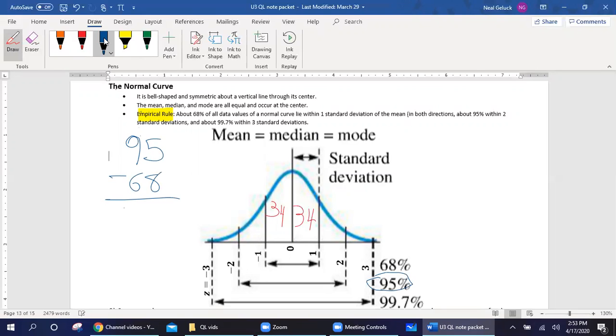That gives me 27%. So that means this sliver plus this sliver is 27% of the data. Slice that in half, and that means each of these small pieces is 13.5%.